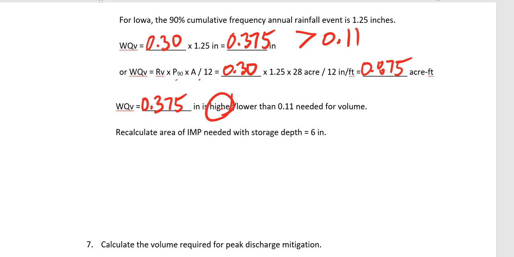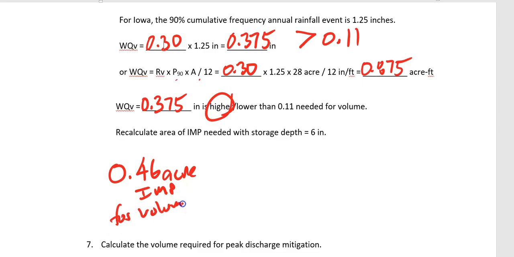Do we have to go through that all again? Well, no, we came up with 0.46 acres of IMP. That's when we had 0.51, then accounted for 10% evaporation and filtration. So we had 0.46 for volume, but it turns out our water quality one is more than three times as high.